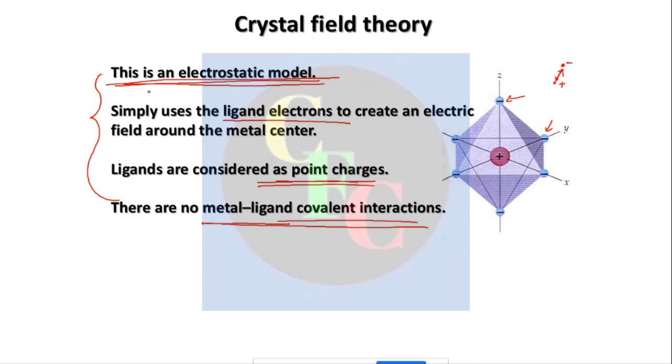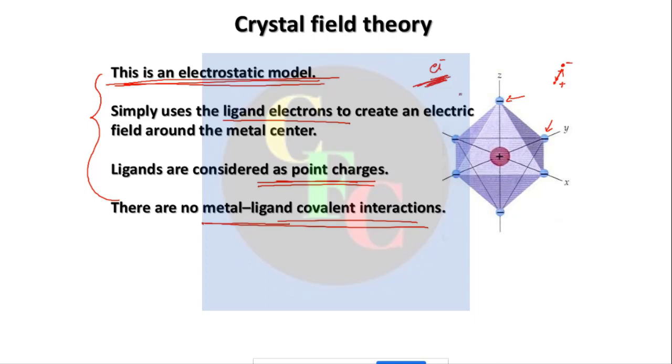And this oversimplification actually brings about the drawbacks of crystal field theory. You can easily understand that ligands, even the smallest ligand, suppose it is an atomic ligand like Cl minus or Br minus, have some volume and cannot actually be considered point charges, right?